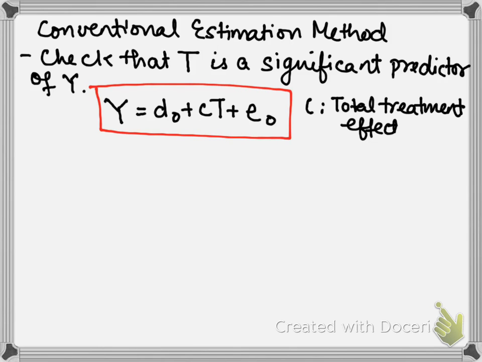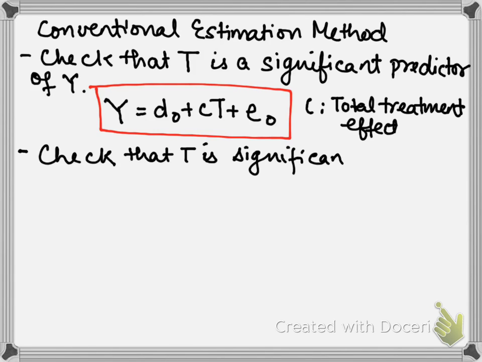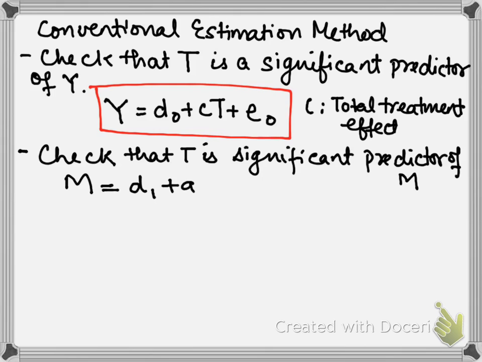Then the next thing that you do is check that T is a significant predictor of M. For that you're going to fit a model M equals D1 plus AT plus some error term.